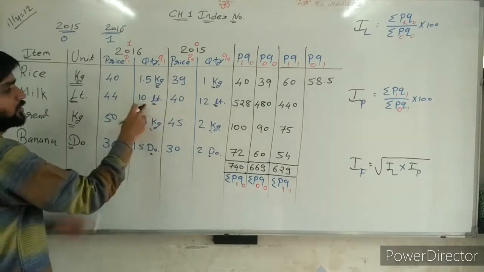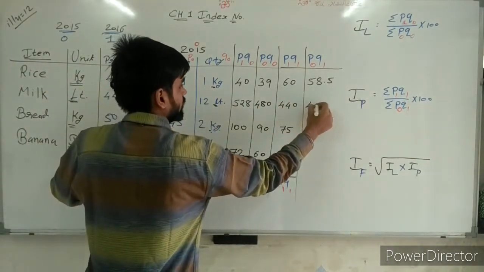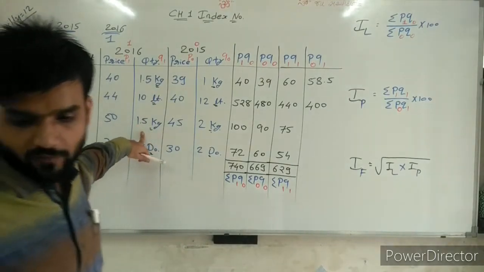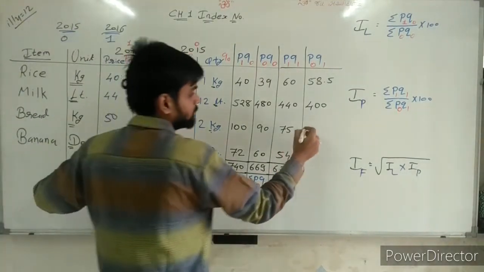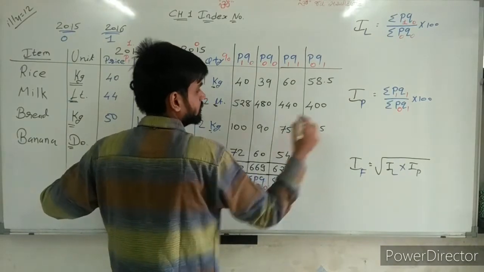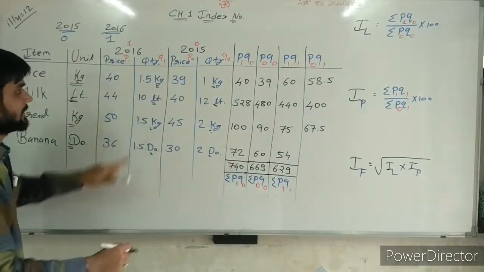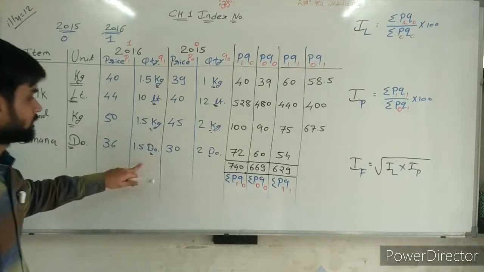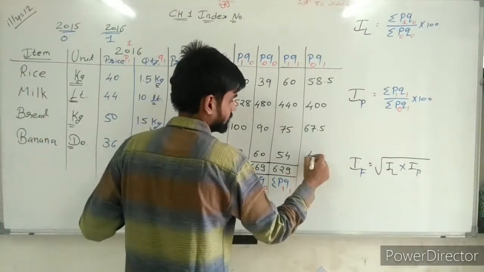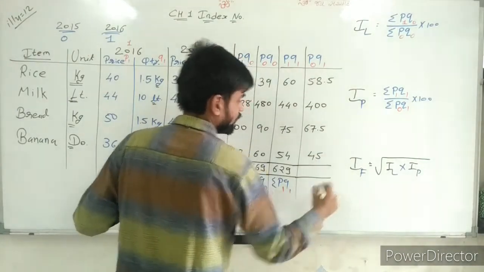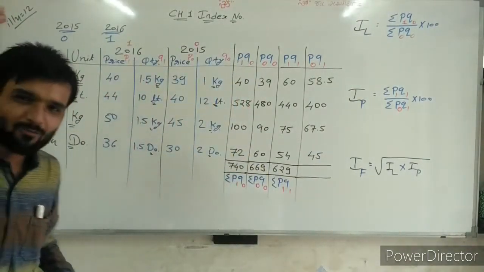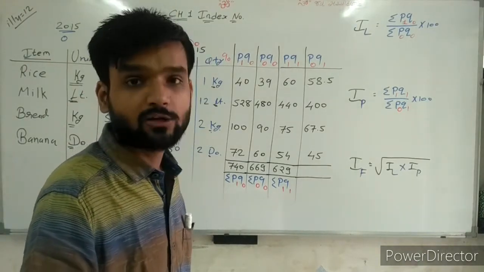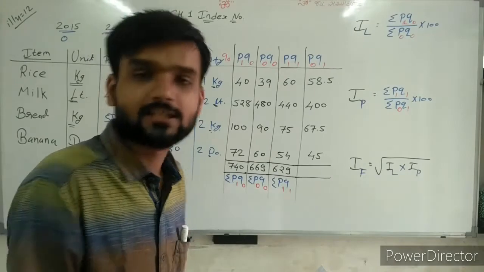P0 Q1: 40 into 10, 400. 45 into 1.5, 67.5. And the last one, 30 into 1.5, 45. Now make the total: 58.5, 400, 67.5, 45, and the total is 571.